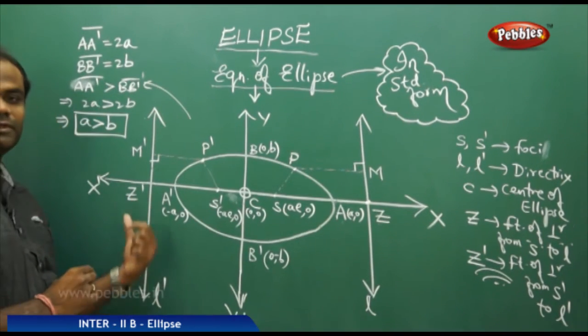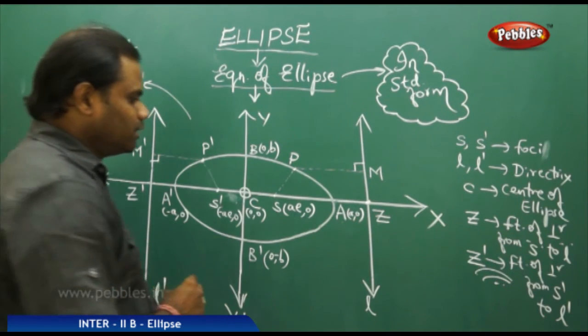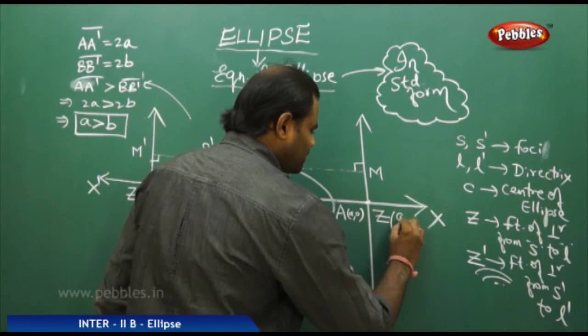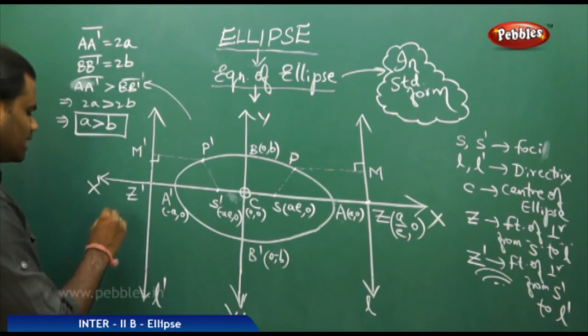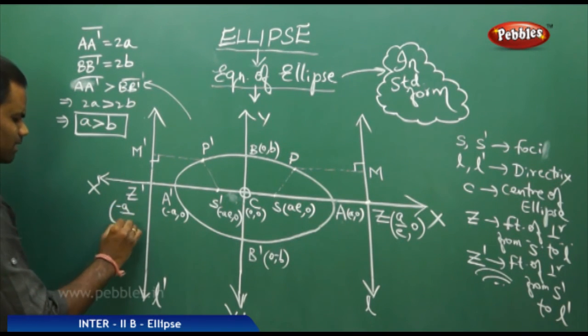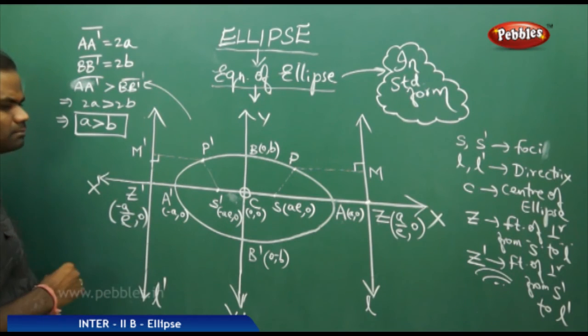So the coordinates of Z are a by e, comma 0, and the coordinates of Z dash are minus a by e, comma 0.